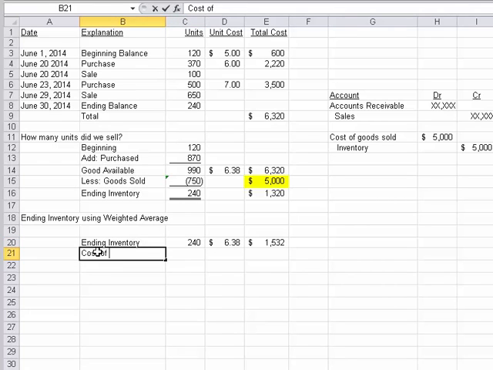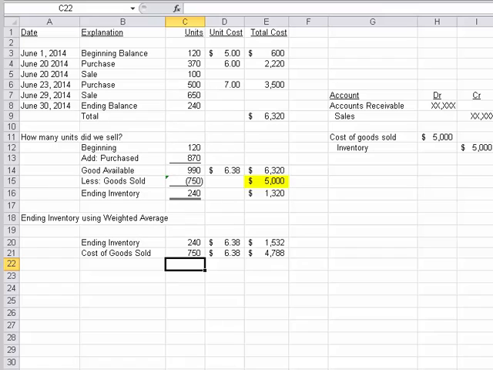Cost of goods sold is the 750 units, right? Now we showed that as a minus, so let me show it as a positive by subtracting it here. And we use the same average cost. Now all I've got to do, well, actually I'm done. That's all there is to this using average cost.